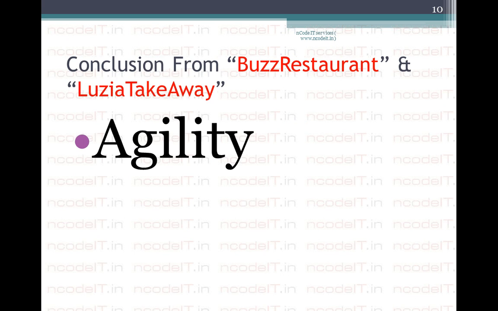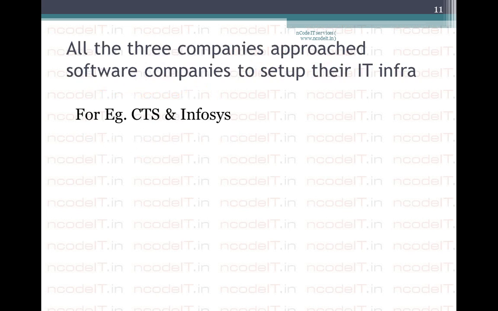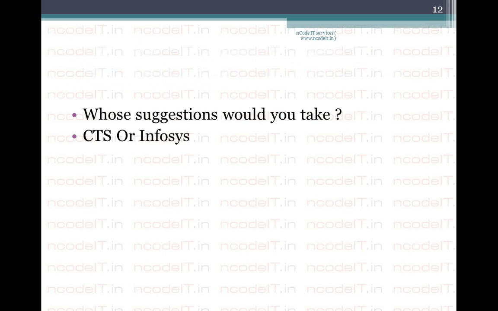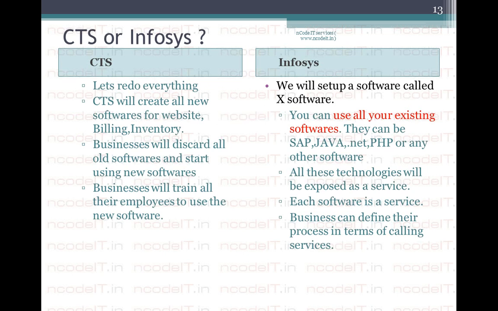Reusability is what the board maker wanted. These are the two core things that SOA tries to provide. And let's say all these three companies went to a couple of software solution providers. For example, we've taken CTS and Infosys, to now see what CTS has offered and what Infosys has offered.